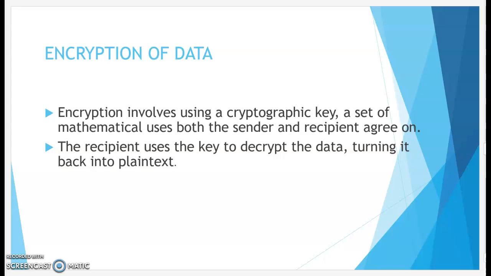Encryption of data. Encryption involves using a cryptographic key, a set of mathematical values both the sender and recipient agree on. The recipient uses the key to decrypt the data, turning it back into plain text.